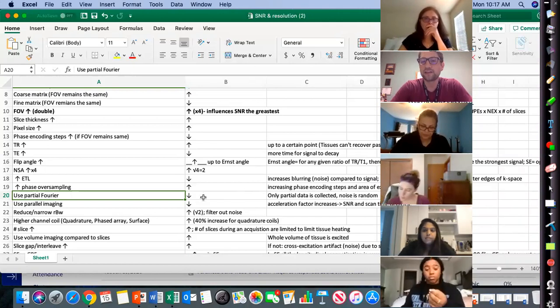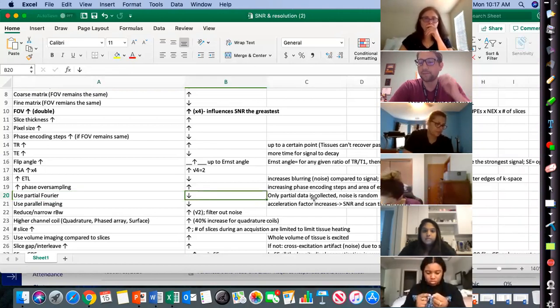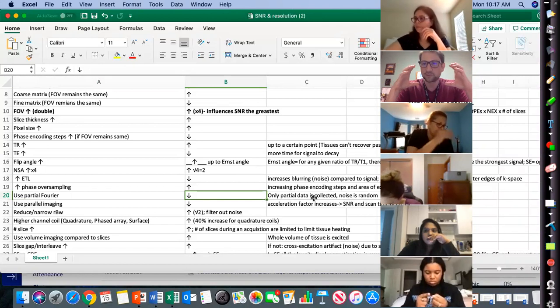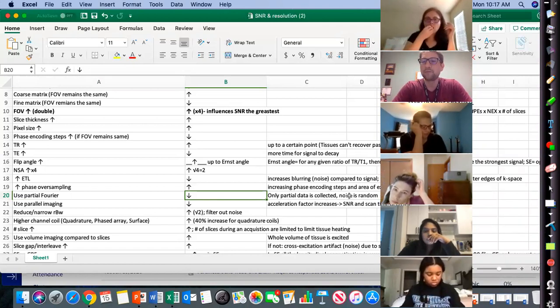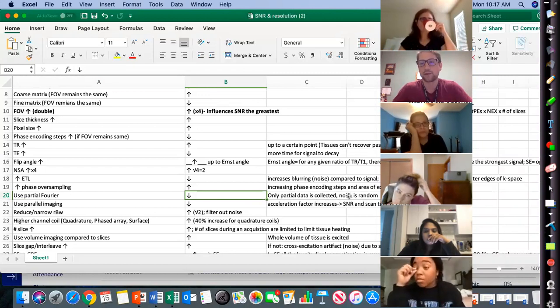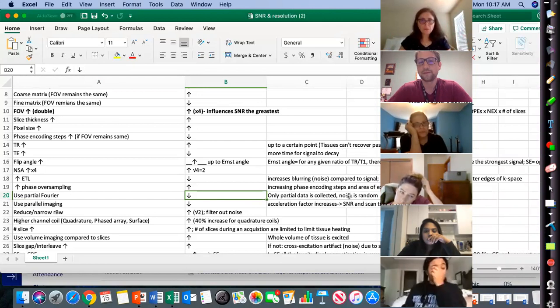So our signal actually decreases, because only a portion of the data is truly collected, and then we just copy and paste it. And remember, noise is random, so that noise could end up anywhere within that area of K-space. So you don't really get a true assessment of the data when you copy and paste that data. It helps with the scan time though, which is good.